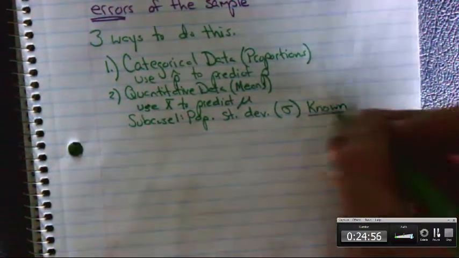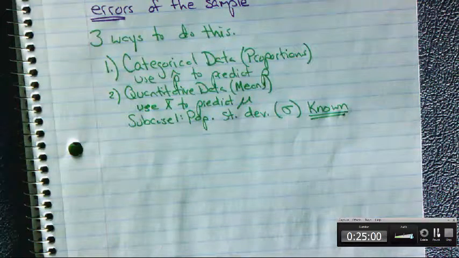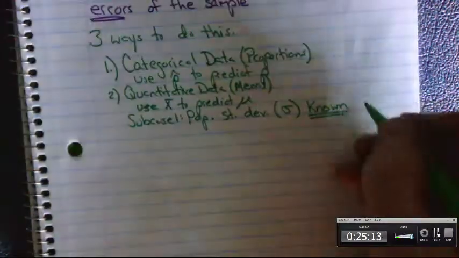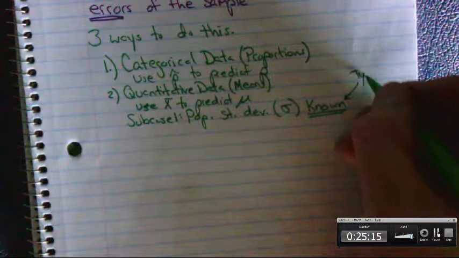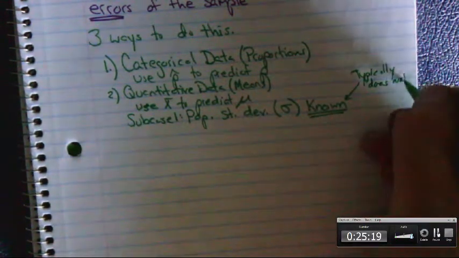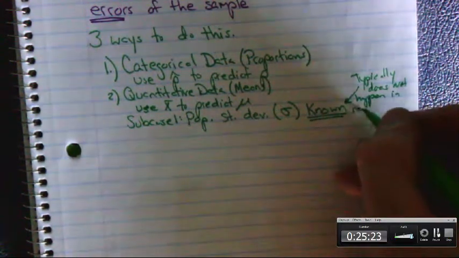But if you know the standard deviation of your population, then there's one way of doing this. This typically does not happen in a real-world study.